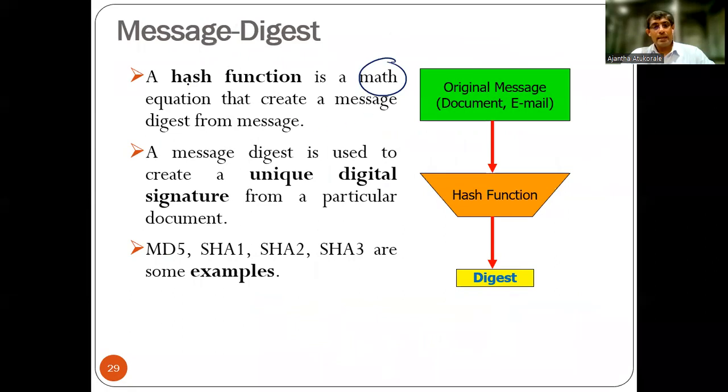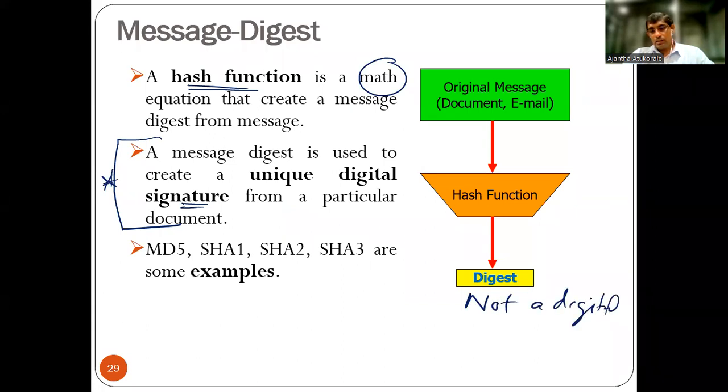So don't worry. The hash function is a program, and the message digest is used to create a unique digital signature. I will tell you how we can create that, and that is what we are going to teach now. However, a message digest is not a digital signature, and it is also not encrypted.